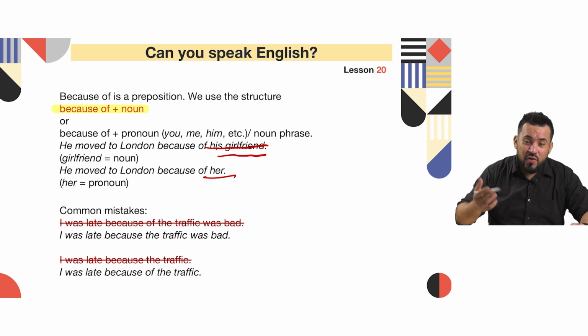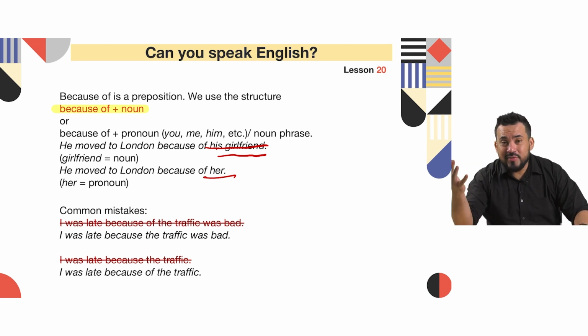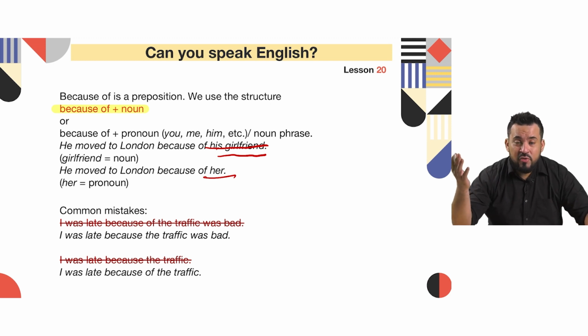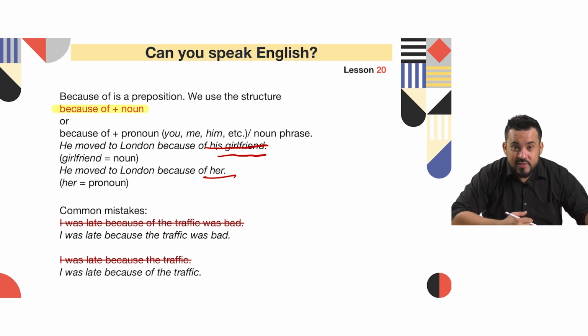But here it will not be clear who we are talking about. So we use a pronoun to refer to the noun if the person already knows who we are talking about. Otherwise, it will be confusing. He moved to London because of her. Who? Selena Gomez, or just his girlfriend? So we don't know. Maybe Selena Gomez is his girlfriend. Maybe he's that lucky. You never know.